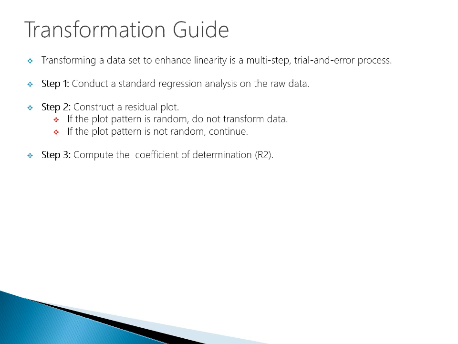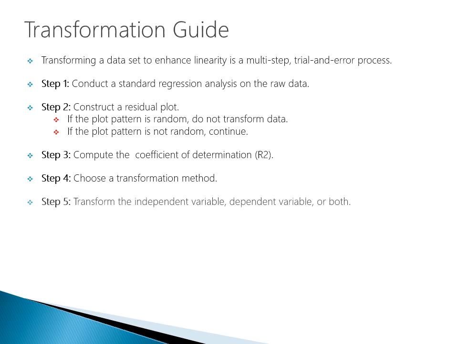But for now, we're just calculating this metric. Then we choose how we want to transform the data. This could be our Box-Cox transformation, or we can look at the shape, make inferences on our own, but we're going to transform the data in some manner. We transform the independent variable, dependent variable, or both, depending on what we want to do.